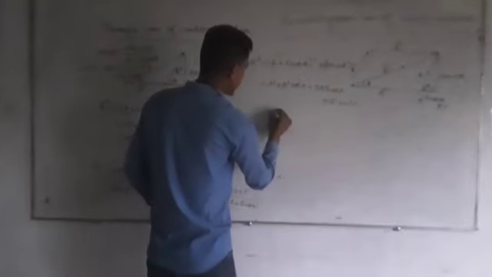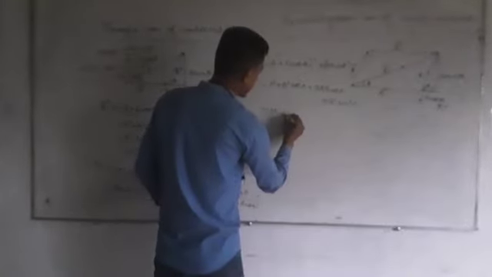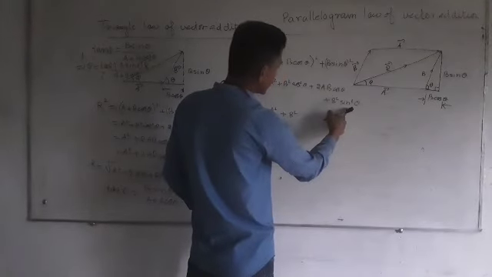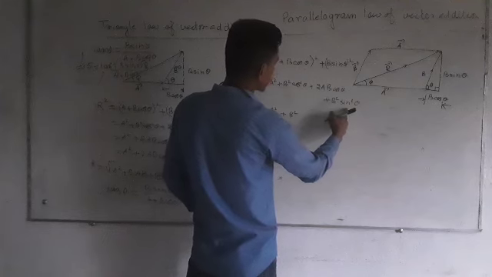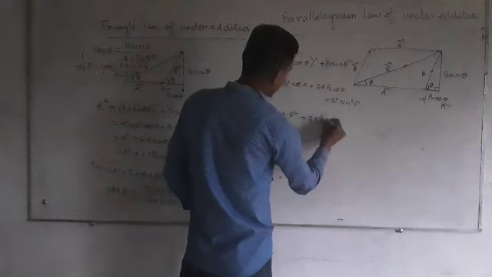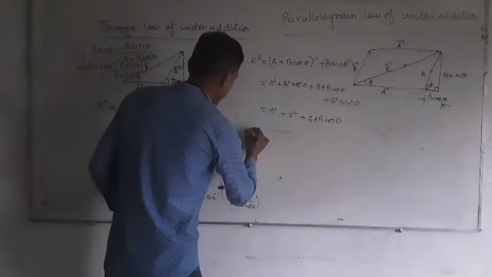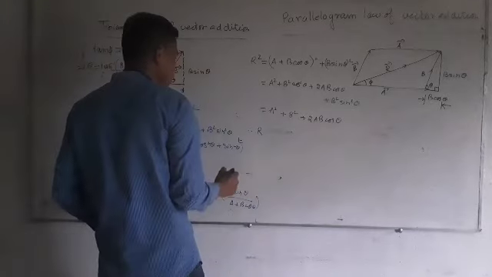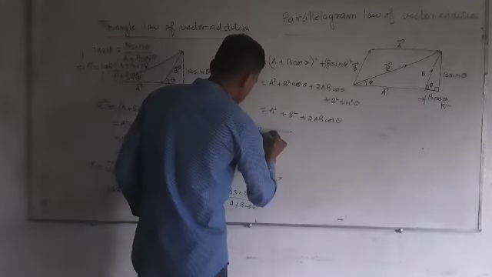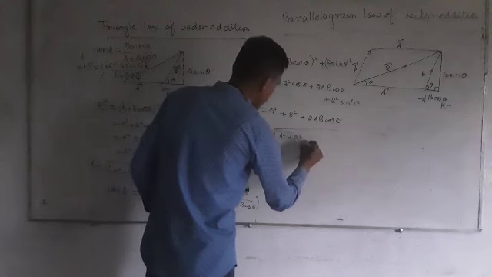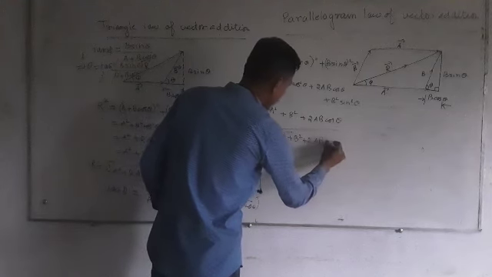I take B square common, and the remaining terms are cos square theta plus sin square theta, which from the trigonometric identity is 1. Therefore, A square plus B square plus twice AB cos theta. So the magnitude of the resultant vector is equal to root over A square plus B square plus twice AB cos theta.